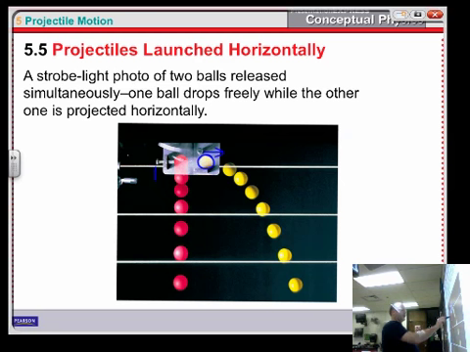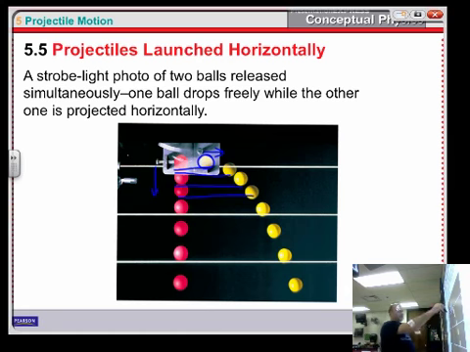The red one is just dropped straight down. But notice that these match up. They're not exactly perfect here, but they're pretty close.